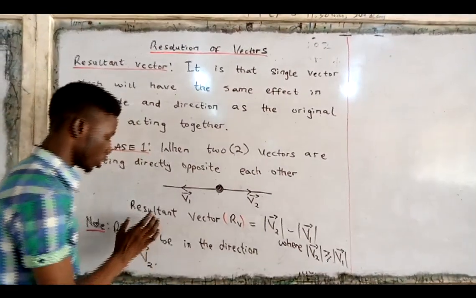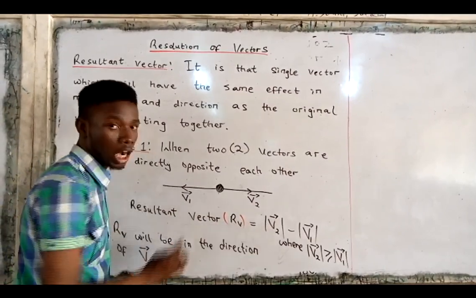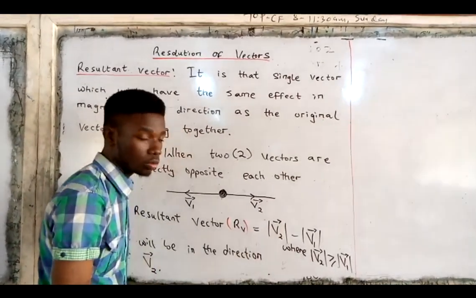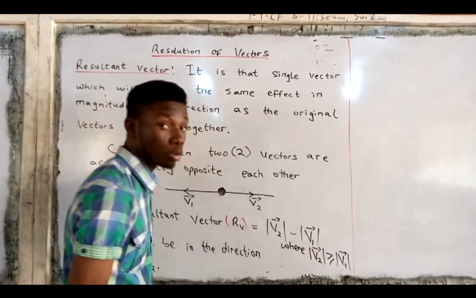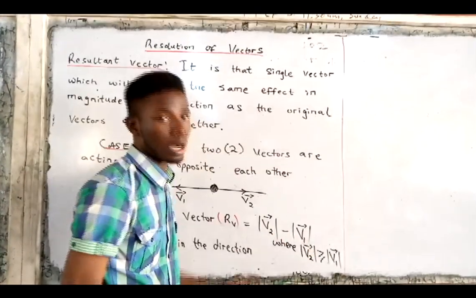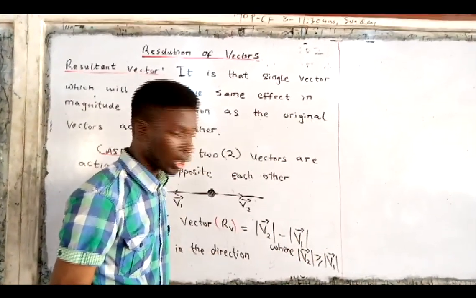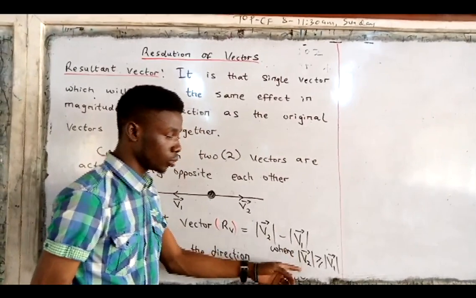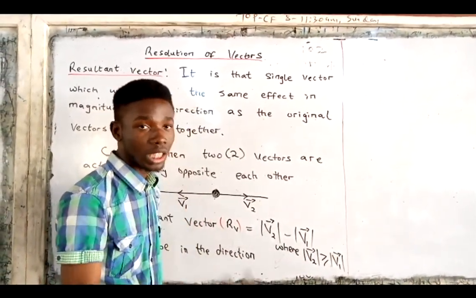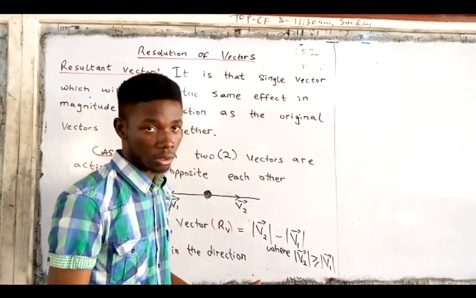All we have to do is: the resultant vector, which I will denote with RV, is equal to the magnitude of v2 minus the magnitude of v1, provided that the magnitude of v2 is greater than or equal to the magnitude of v1. And if the magnitude of v2 is equal to the magnitude of v1, that implies that the resultant vector will be equal to 0.